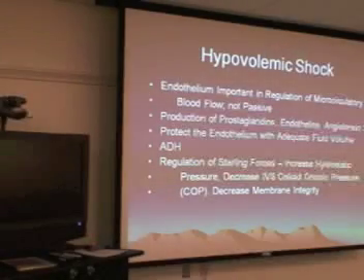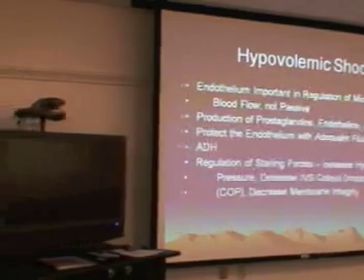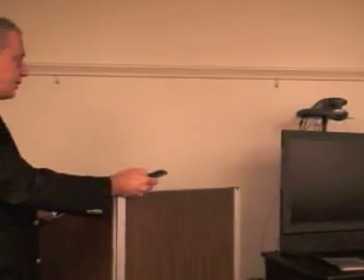Hypovolemic shock, talking about the endothelium again, it's important in the regulation of the microcirculation and blood flow. It's not a passive organ. I mean, it's very active. It produces prostaglandins, endothelins, angiotensin II, all in response to shock. So our goal is to protect it, to give adequate fluid volumes. ADH, again, comes into play.